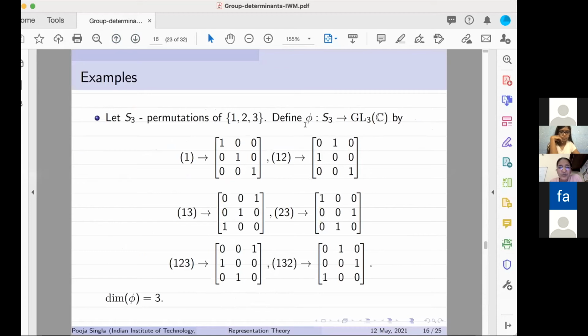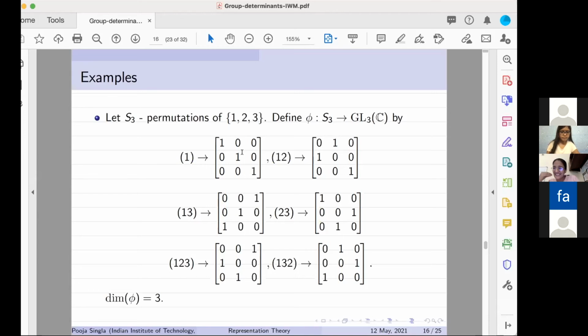This is a three-dimensional representation. It has a sub-representation of dimension 2, and one can show that not all sub-representations can be one-dimensional for this representation. This is where general theory comes in, where I'm hiding it under the carpet.